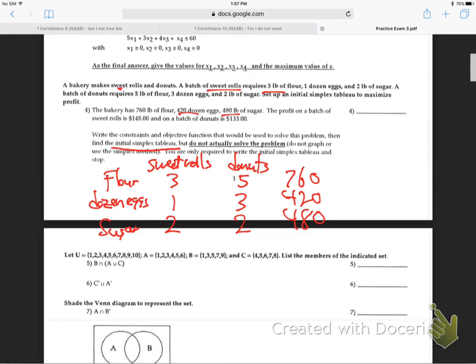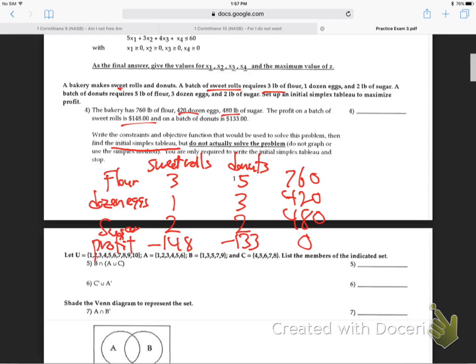And now for the profit. The profit one always goes on the bottom, and you make the numbers negative. The profit for sweet rolls is 148, so you make that negative 148. Because really you move those to the other side, remember how that works, like I did in the last one. And negative 133 for the donuts.